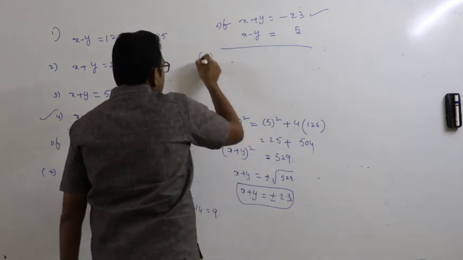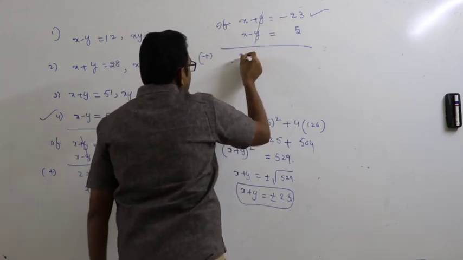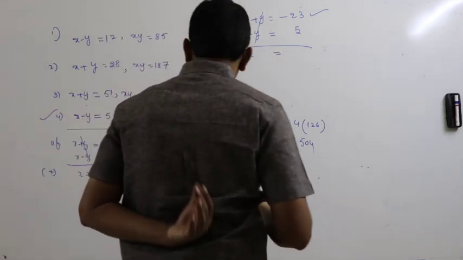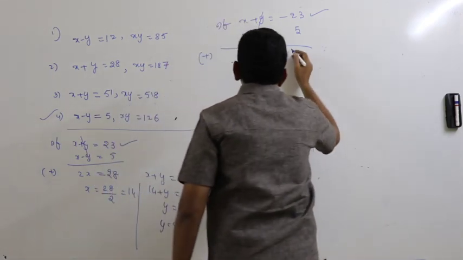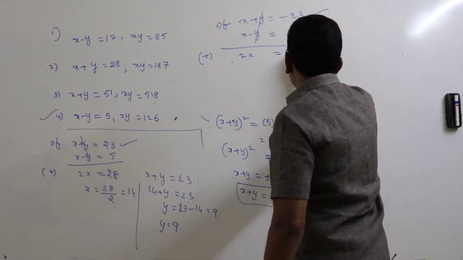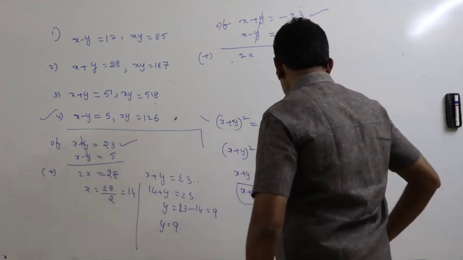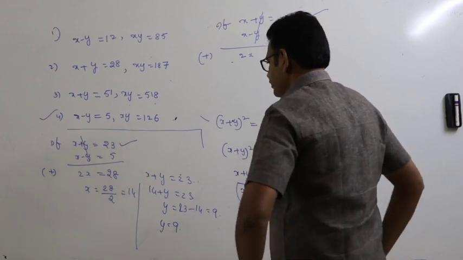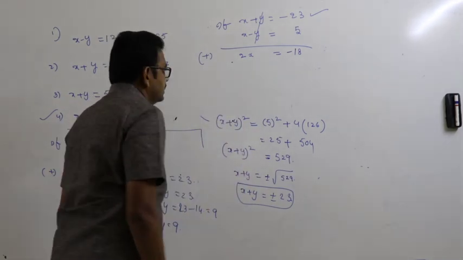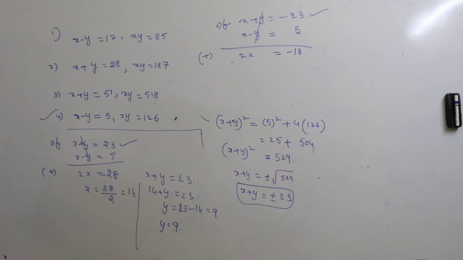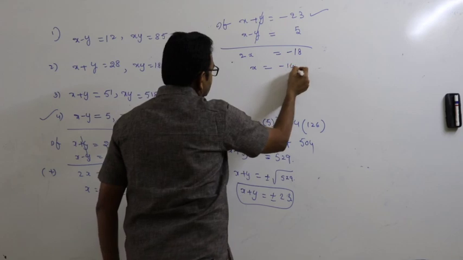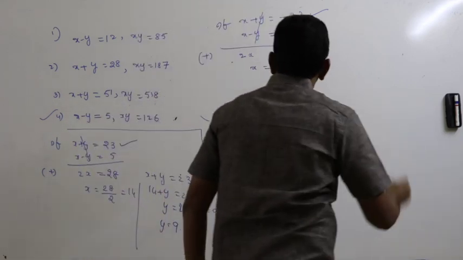By adding these two, plus y and minus y cancel, 2x is equal to minus 18, so x is equal to minus 9? Checking: x is equal to minus 14.